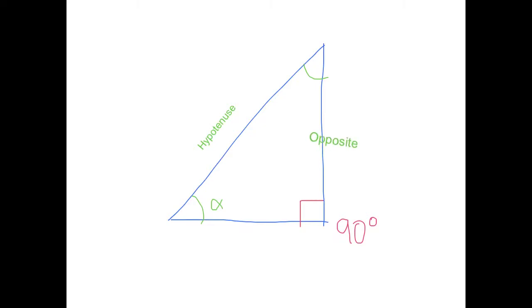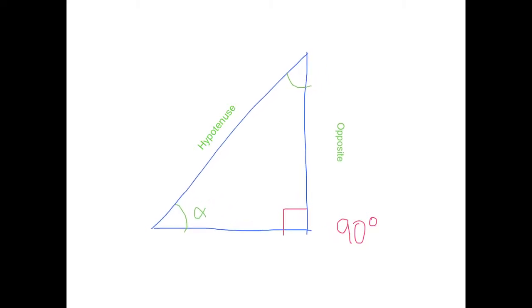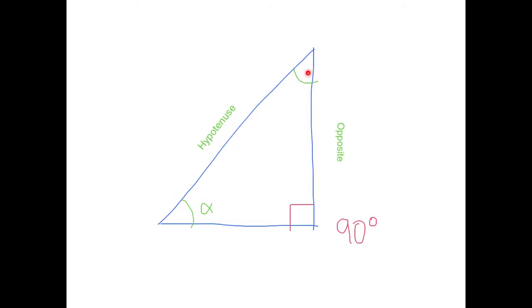And now remember, technically you are saying the opposite of angle alpha. You can't just say this is the opposite side, because for this other angle right here, this is not the opposite side. It would be this one. But we're going to get into that a little later. So this is the opposite to angle alpha.